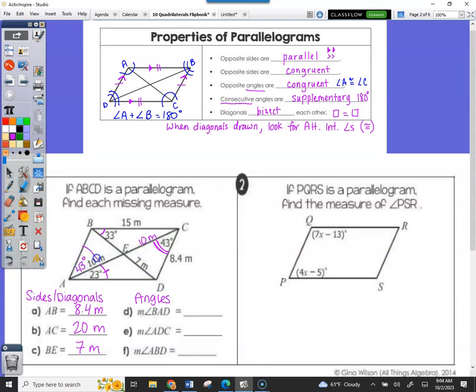Now, do I have enough to say the whole corner? What's the whole corner? From here to here. 66. And how'd you get it? So this is also what's helpful.